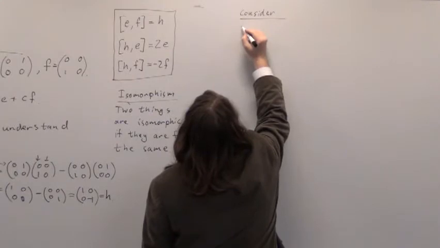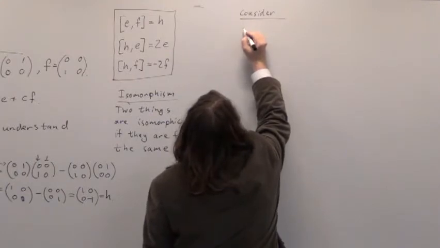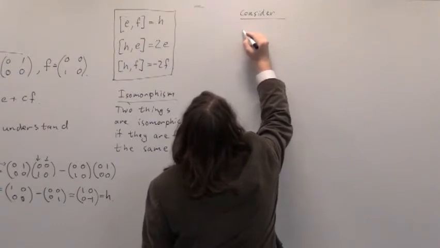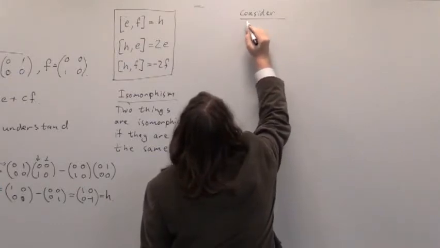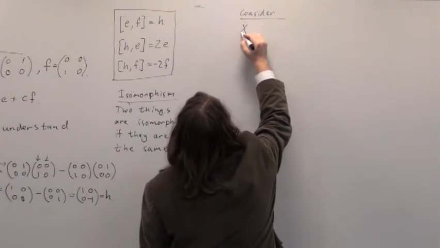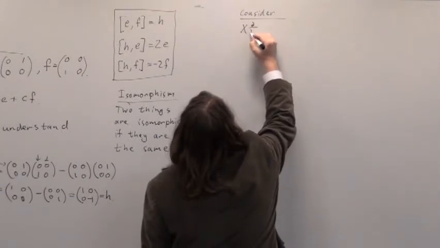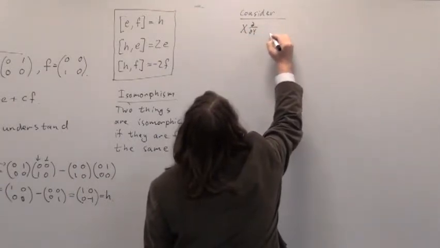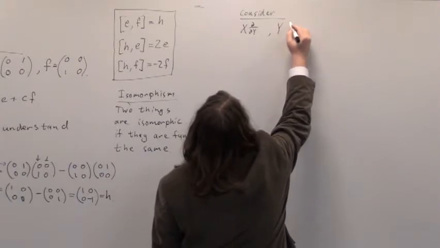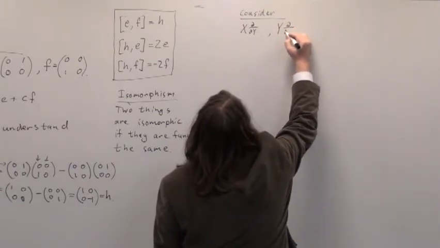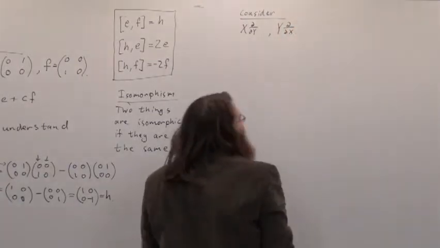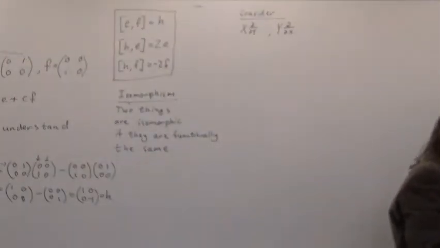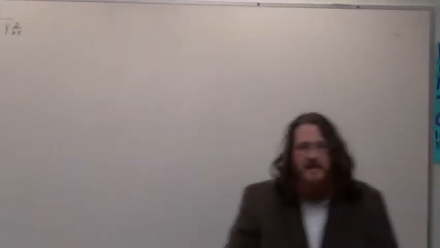Let's consider two elements: x times the derivative with respect to y, and y times the derivative with respect to x.